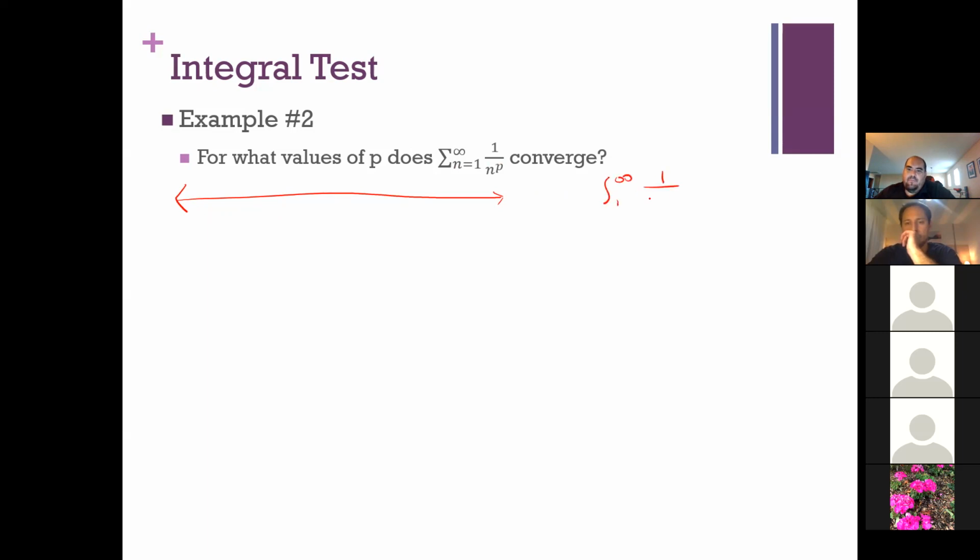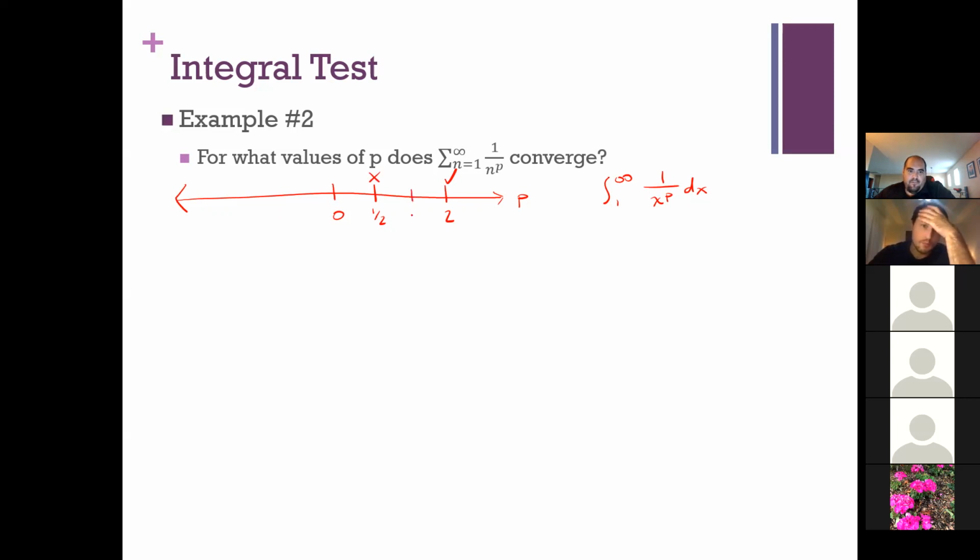Greater than 1. Right, and the answer to that, I'll highlight some things we did today. This is my p number line here. Here's 0. We looked at 1/2 and we looked at 2. We know that it converges for 2 and it diverges for 1/2.